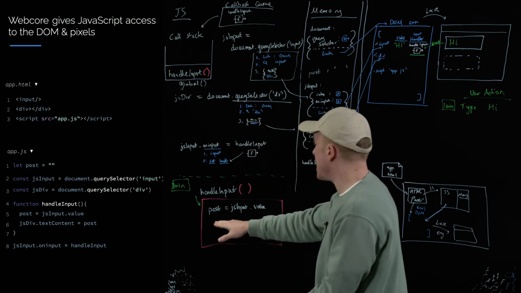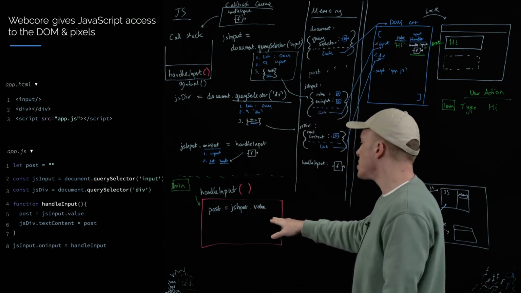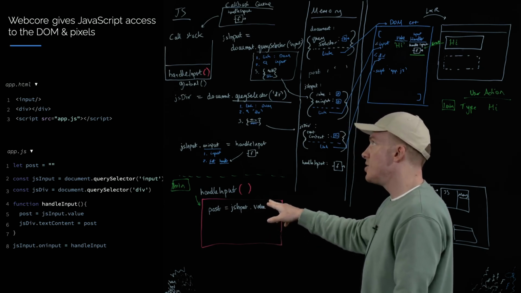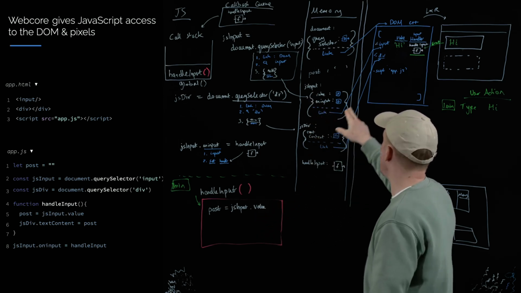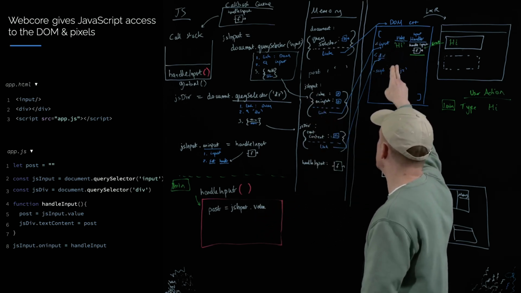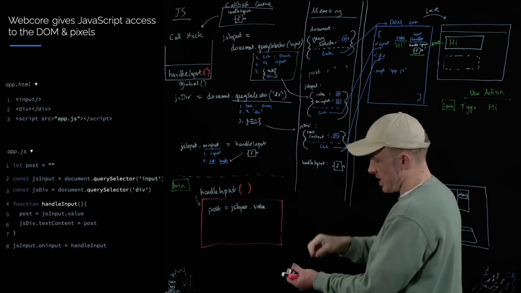So, post is now going to be assigned the result of calling the value getter property on the JS input object that has access to the underlying input element, where we find the value is the string hi.